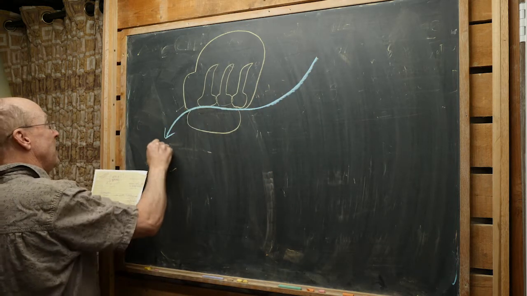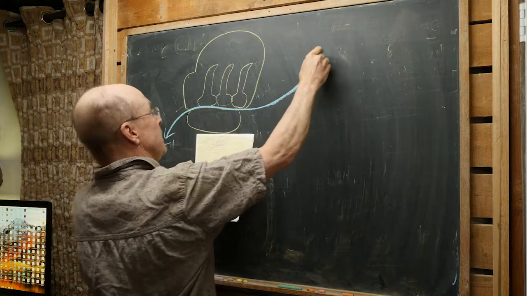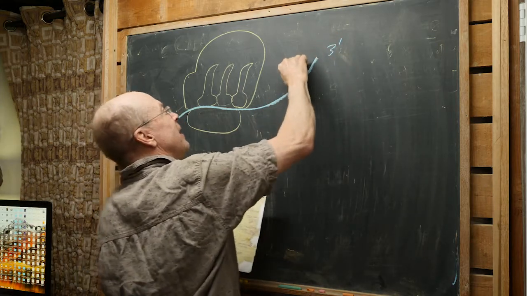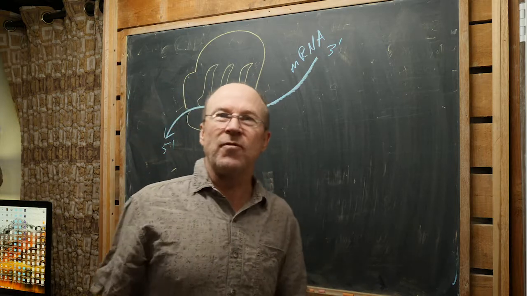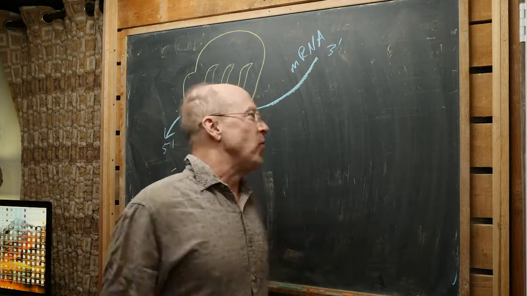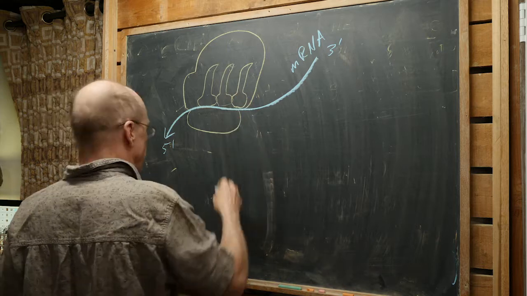Going this way, 5' end, 3' end, mRNA, all the stuff that we talked about before, spliced, beautiful, and it's cruising through this site.